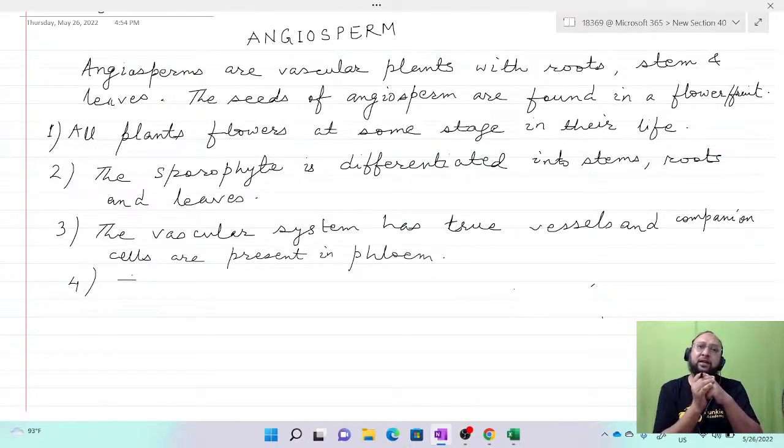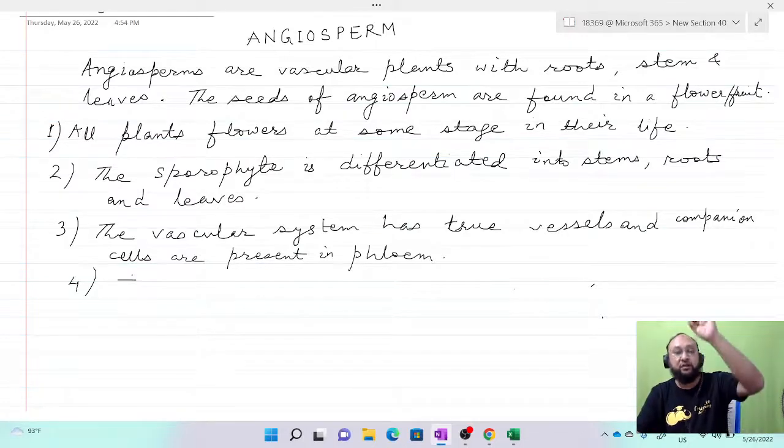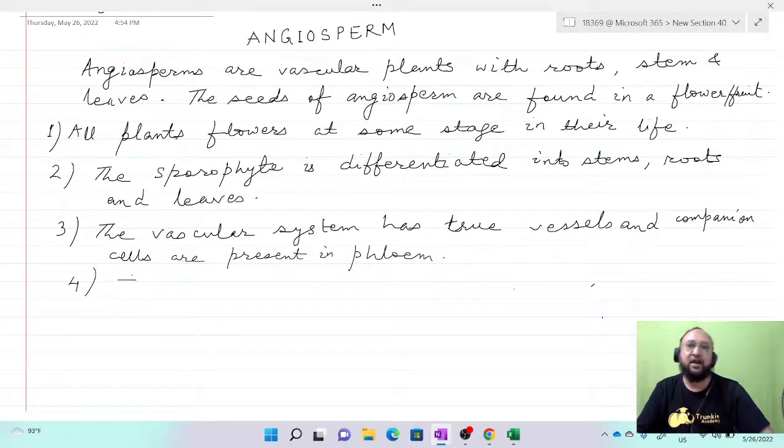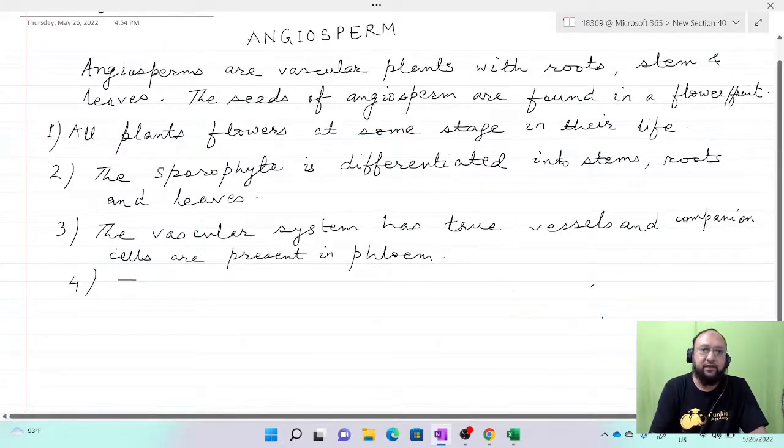The gynoecium means the carpel, the ovary, the style and the stigma. Stigma is the terminal region of the carpel where pollen grains are attached, and from there it goes into the ovary. So ovules are enclosed in the ovary. This is the important feature.